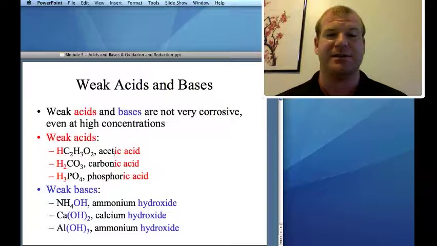Acetic acid, for instance, in its pure form, will give you blisters, but they're not that bad. And ammonium hydroxide in its pure form can knock you out. But these are not nearly as bad. You can touch pure lime with your hands. I mean, it's not recommended, but it's not going to be nearly as bad as if you touch pure lye. If you touch pure lye, you're going to be hurting pretty badly.